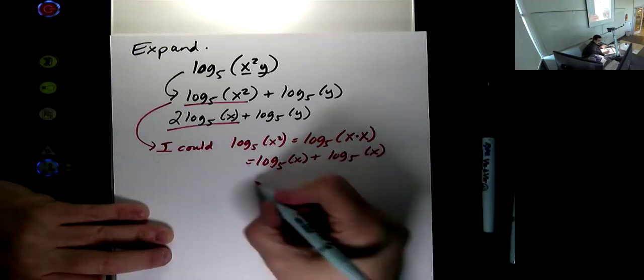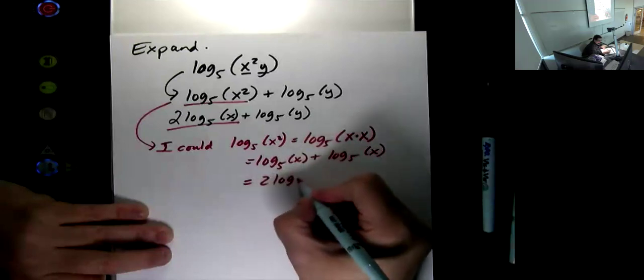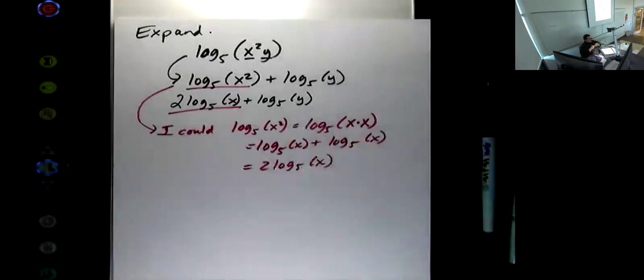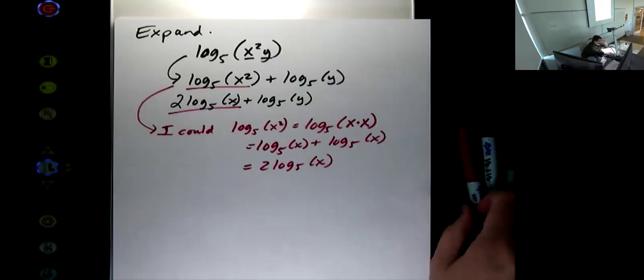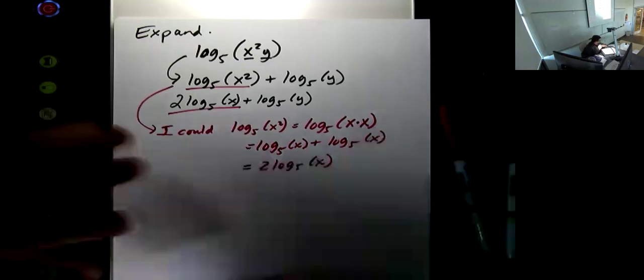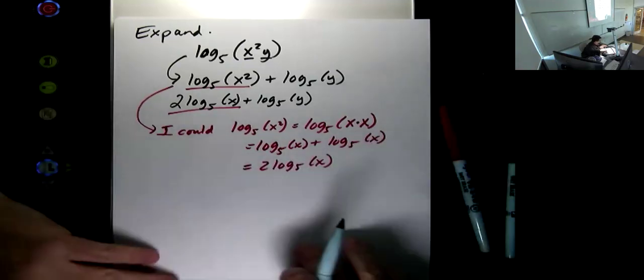And since I have two of them and they're the same, I could add those together. So there's another way to do the exponents on expanding, if you treat it like multiplication. Whether you remember that or not, I think it's easy to just remember to bring the exponent down. Practice and maybe flashcards for memorization is really the way to tackle this one.